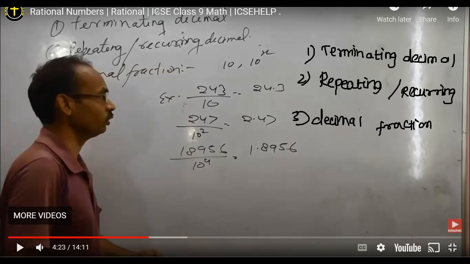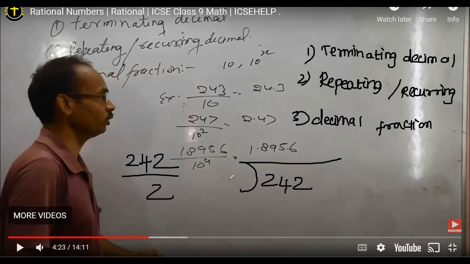So terminating decimal is nothing but you will get the remainder as 0. You know what is remainder, isn't it? For example, in case you have a fraction like 242 divided by 2. You will put the numerator as the dividend and the denominator as the divisor. And when you do division, you will have 121 as the quotient, and 0 as the remainder.